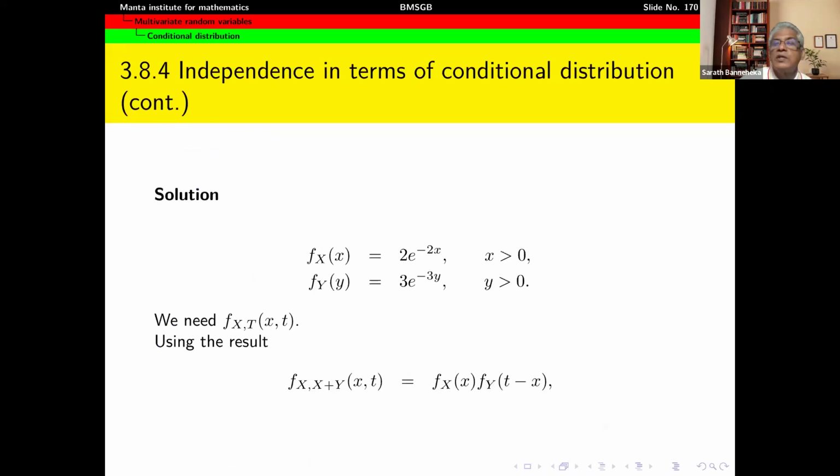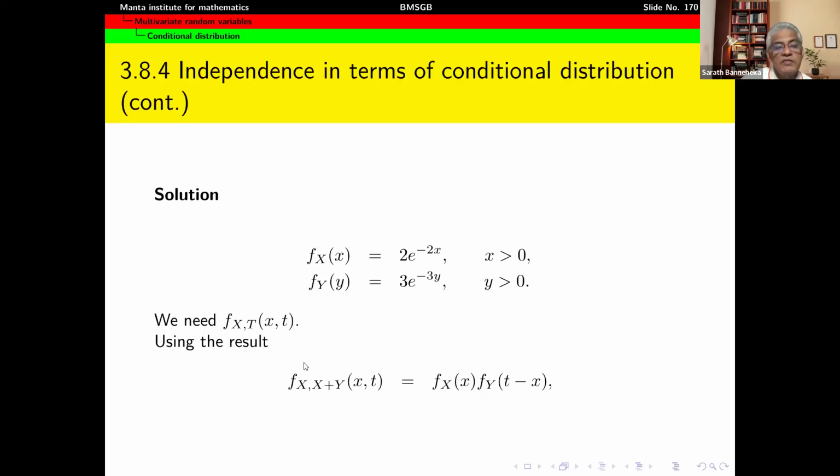Right. So if I now use the given information, I can get the individual density functions of X and Y. So f_X(x) will be this exponential density function. f_Y(y) will be this exponential density function, right? X and Y are independent.